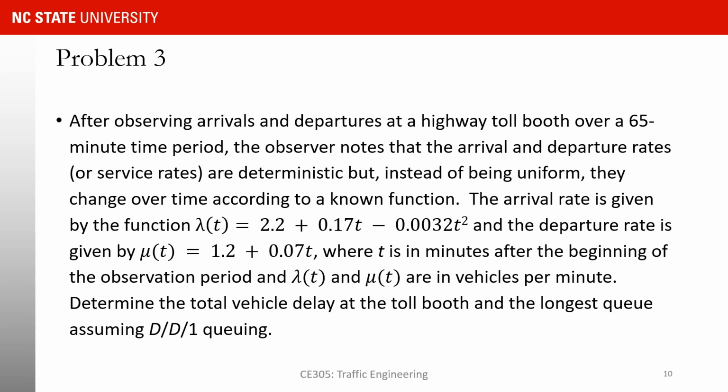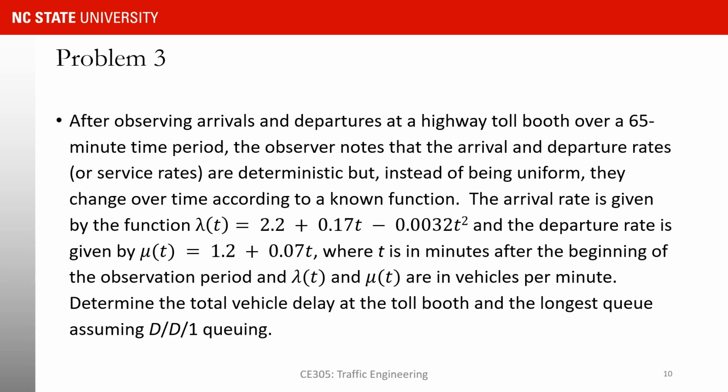The arrival rate is given by lambda t equal to 2.2 plus 0.17 t minus 0.0032 t squared, and the departure rate is mu t equal to 1.2 plus 0.07 t, where t is in minutes after the beginning of the observation, and lambda t and mu t are in vehicles per minute.